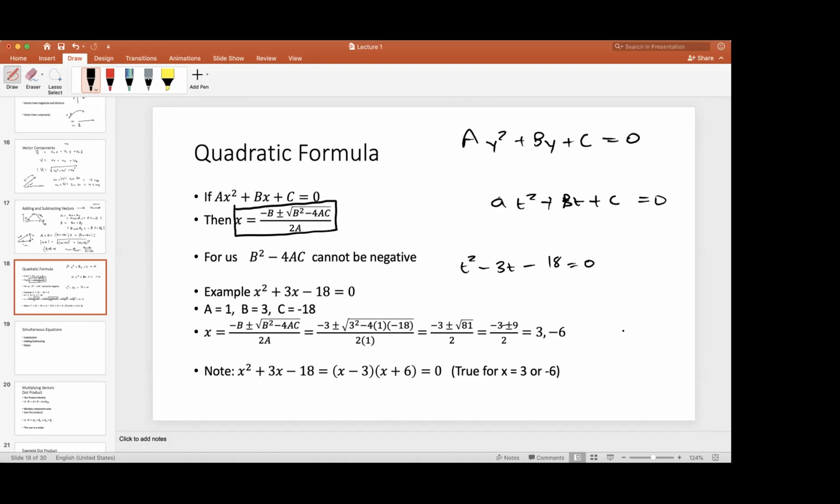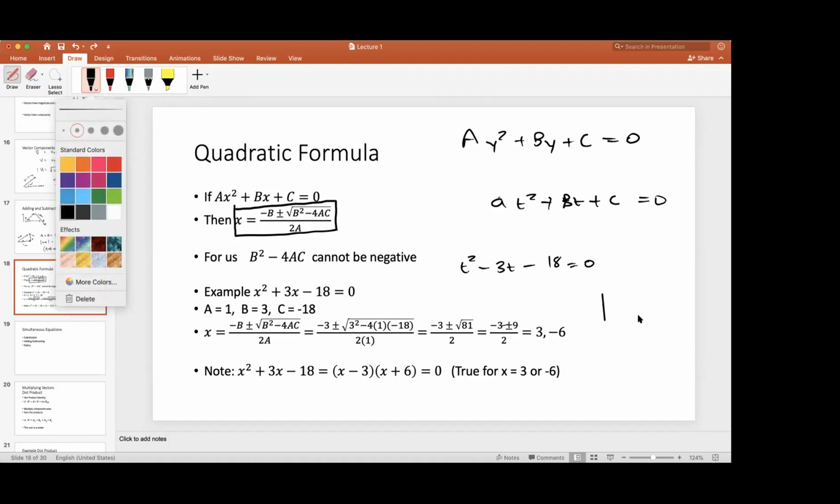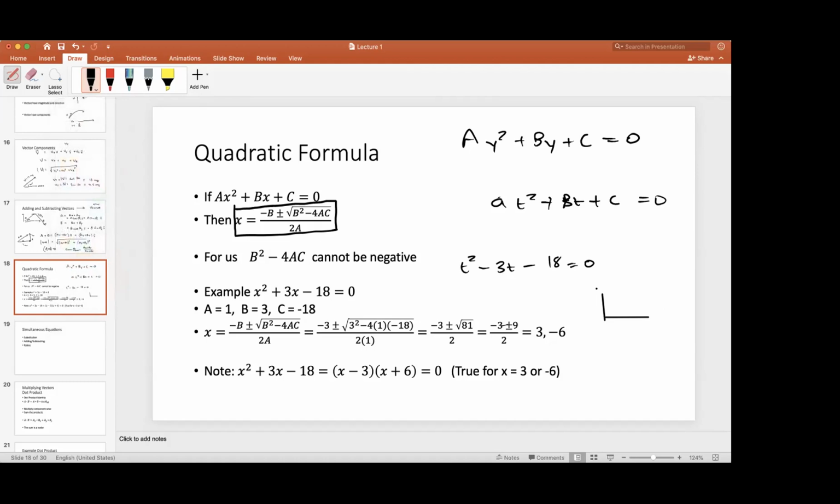Why this would happen in projectile motion is there's going to be a time. I should draw this a different way. Usually this will happen when you have something that's launching off a cliff and hitting the ground. And so we want to know when this value becomes 0, what is t?